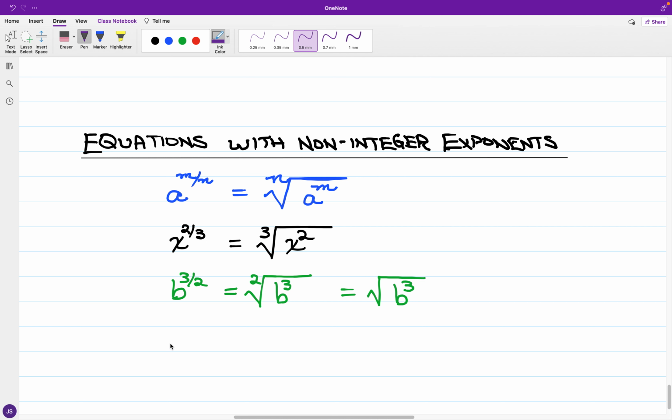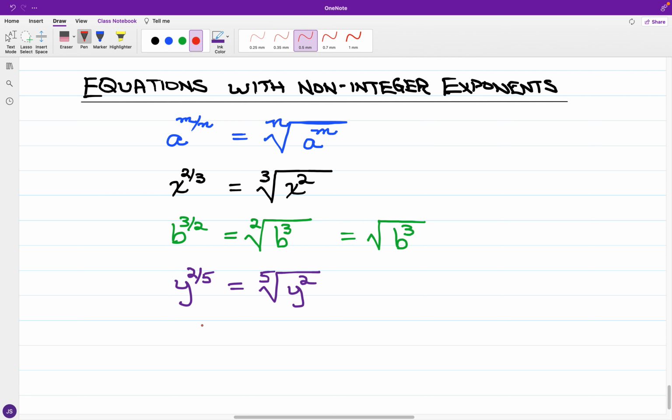And if we have, let's say, y to the 2/5, again, 5 is the denominator, so this would be the 5th root of y squared. And say we have another example of a to the m over n, z to the 4/3.